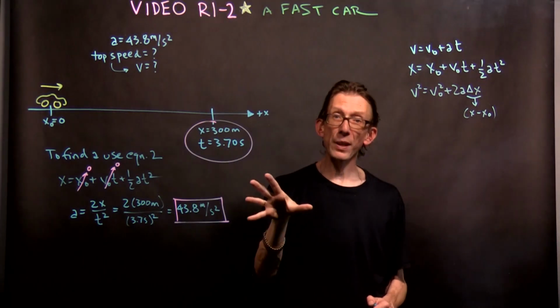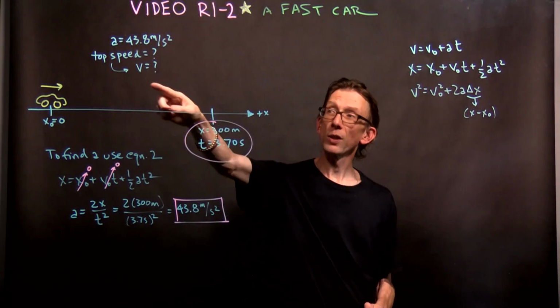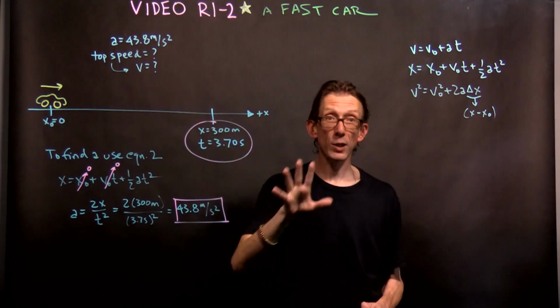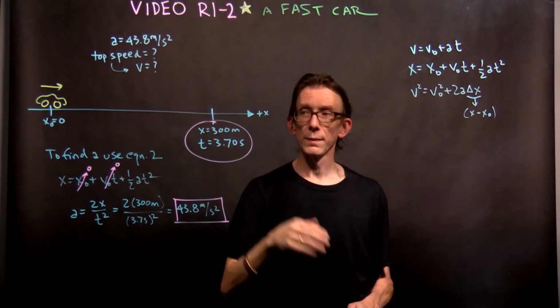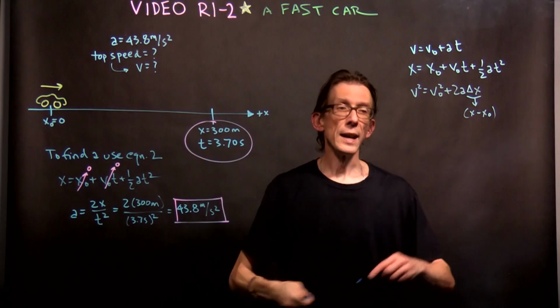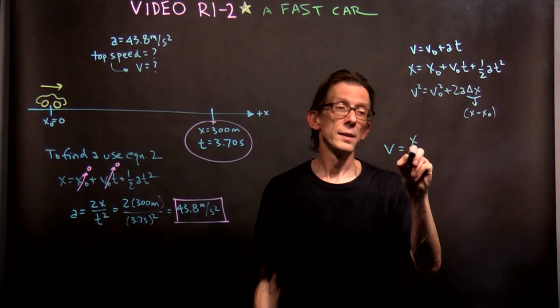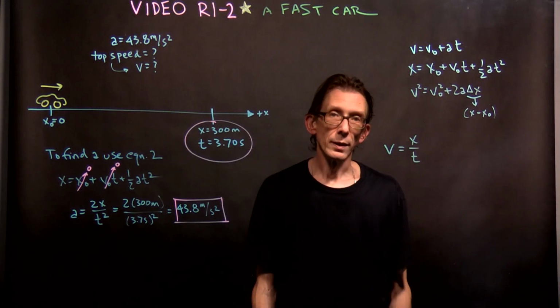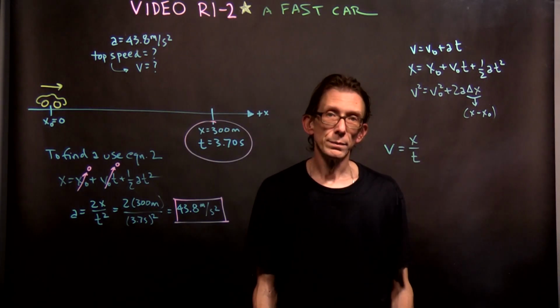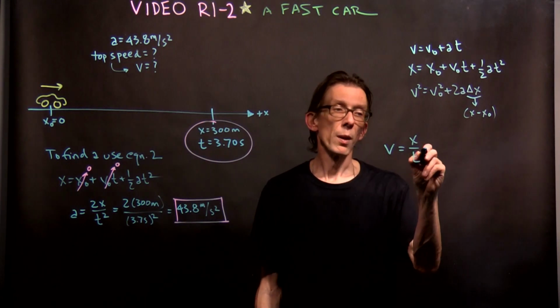And what often happens at this point, when you get to the top speed, students simply look at what's given. They look at x over t, and they think that the velocity is simply x over t. Okay? And so they plug in their numbers.